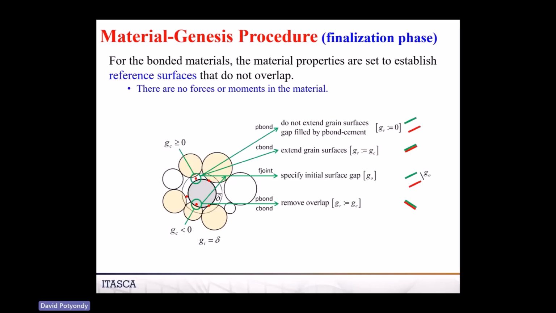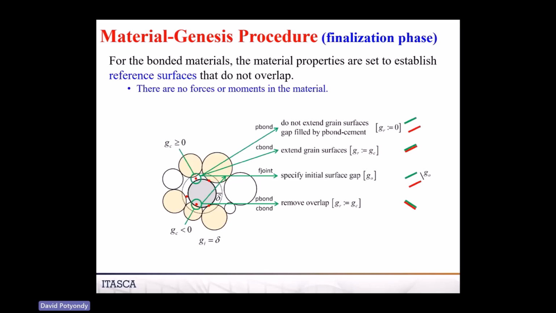Remember, when we were doing our earlier work where we would just build a specimen and pack it, we had compressive forces in there at the contacts. If we then just assign properties, those forces are already there. What we're going to do here is adjust the surface locations so that there are no forces and no overlap to begin with.